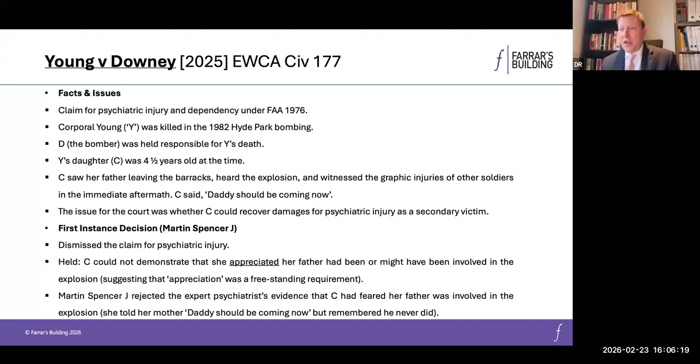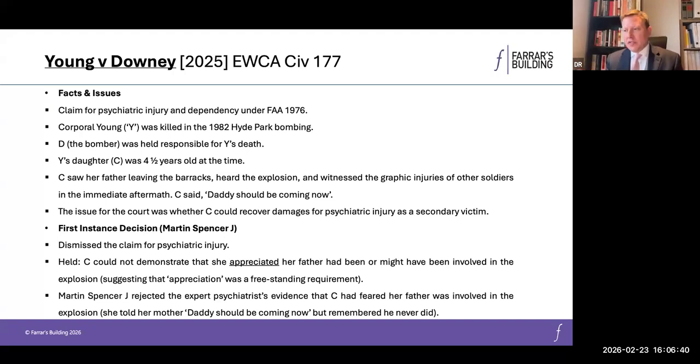And in making such a decision, the judge rejected the claimant's expert psychiatric evidence that the claimant had indeed feared for her father's involvement and had sought reassurance about him returning. And that expert psychiatric evidence, of course, hadn't been challenged by the defendant, who played no part in the trial.